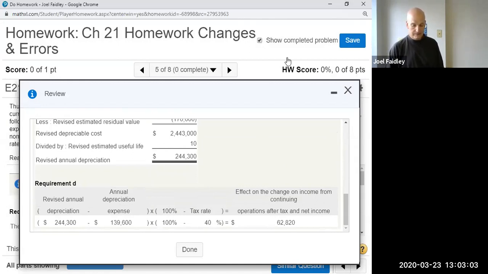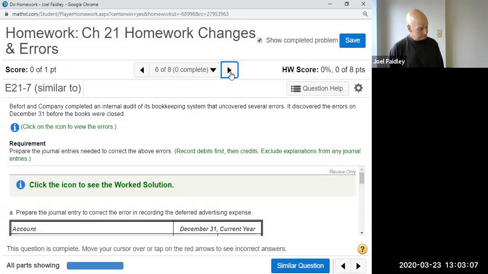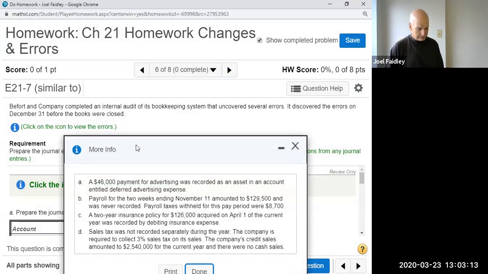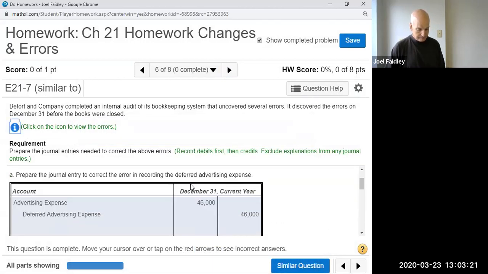All right, so that's number 5. Number 6. Errors. I think all these errors are listed as we go, so I'll just click done on that. First one, prepare the journal entry to record or correct the error in recording the deferred advertising expense.